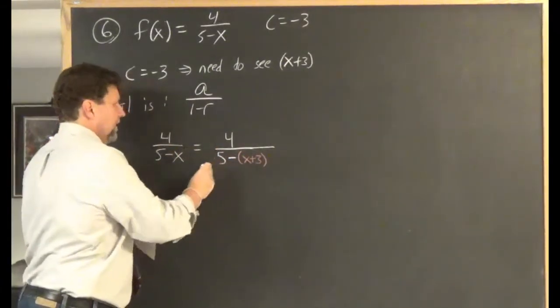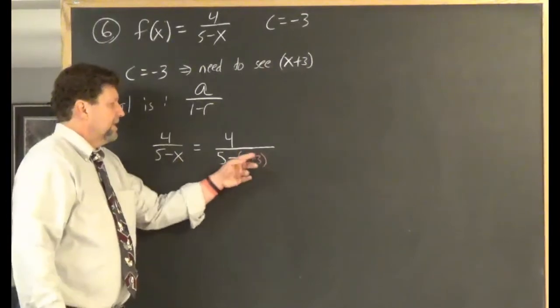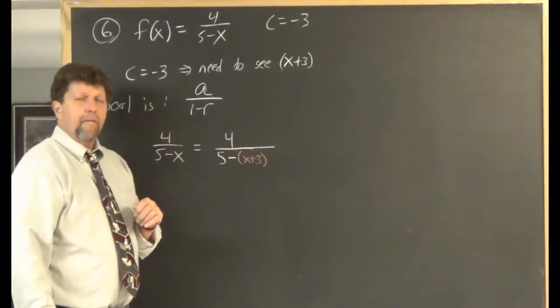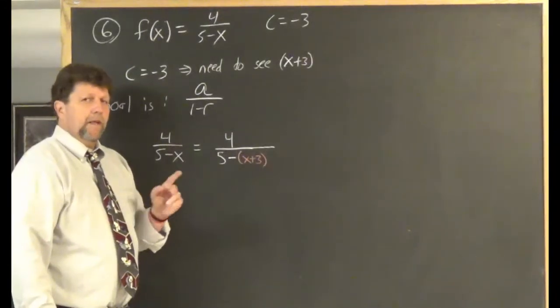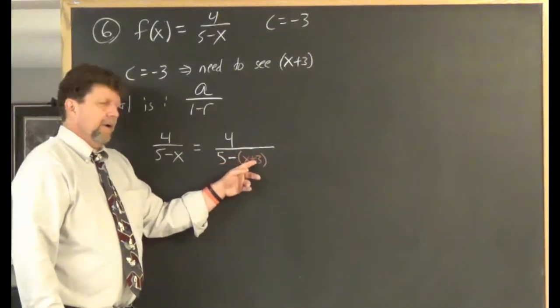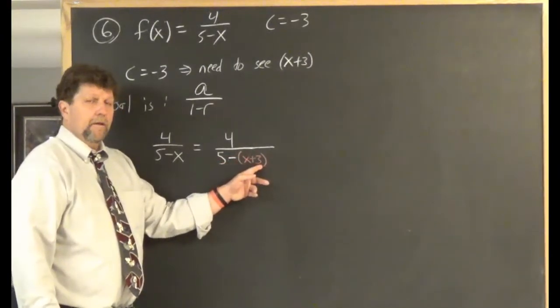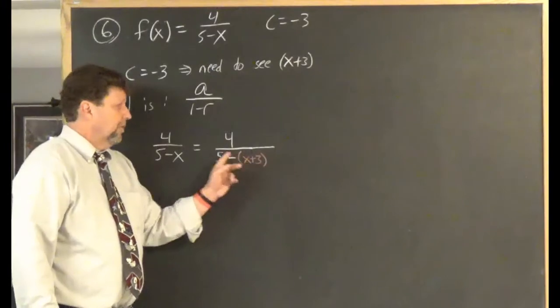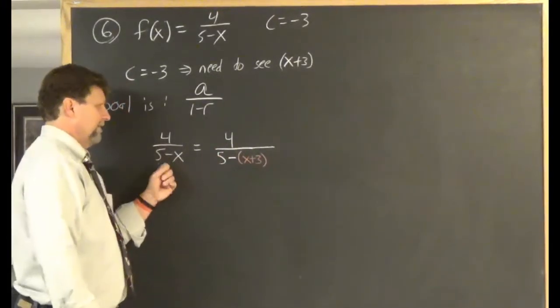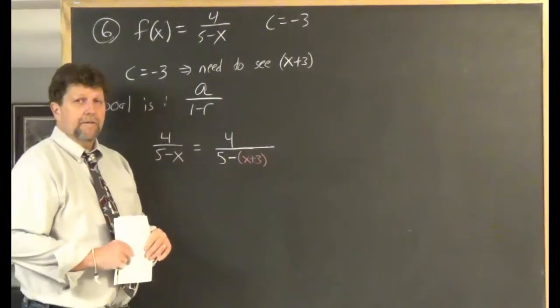Is this denominator the same thing as 5 minus x? No, it's not. Because I'd have 5 minus x minus 3. 5 minus 3 is 2. So this denominator right now is 2 minus x. It's not 5 minus x.